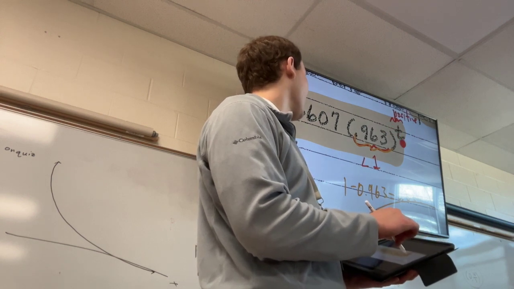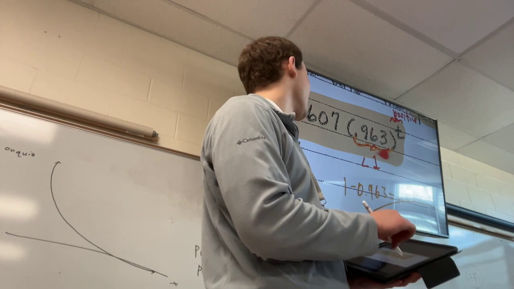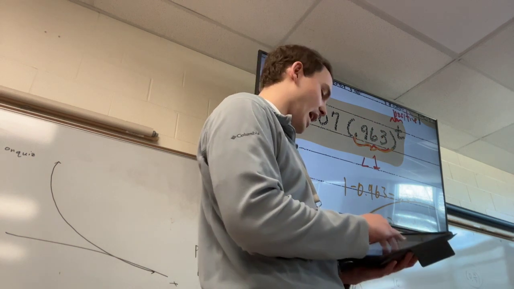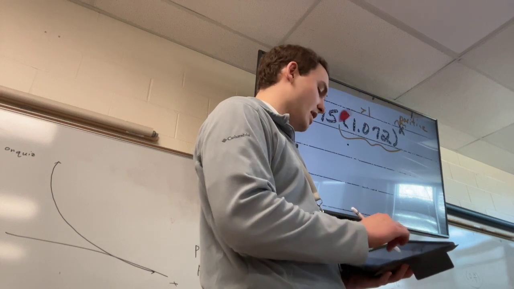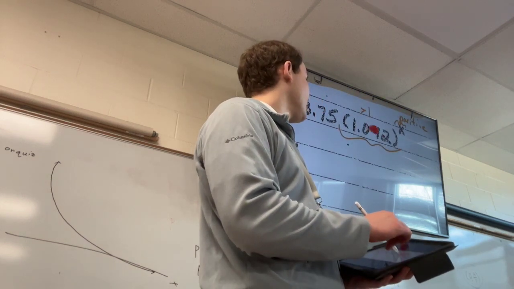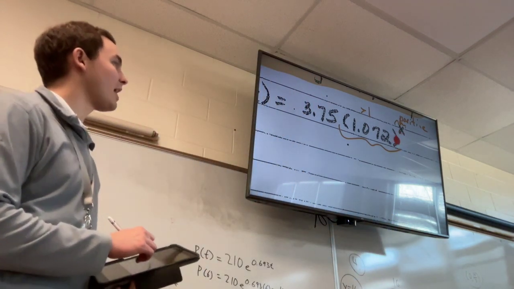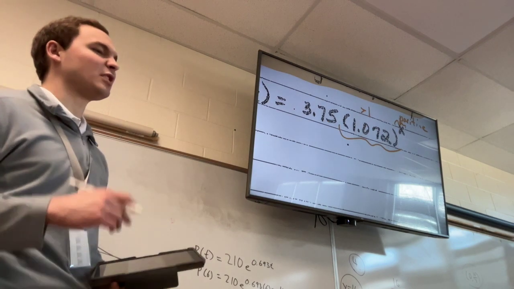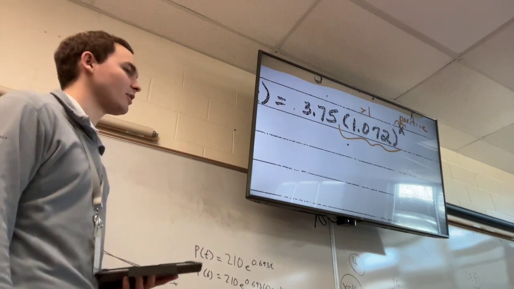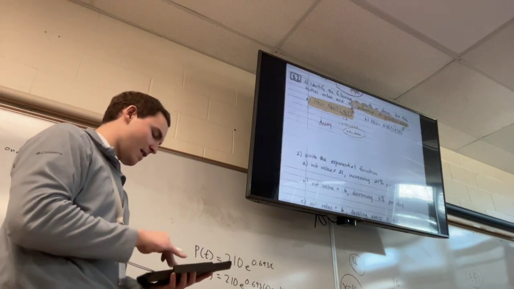So as t gets bigger, every time t increases by 1, our quantity gets multiplied by a fraction and gets smaller. Okay, so this is the decay. Right here, this base is greater than 1. So every time x increases by 1, our original quantity gets multiplied by 1.072. So it grows a little bit each time x increases, so it's a growth. Okay? We feeling okay? Here we go.